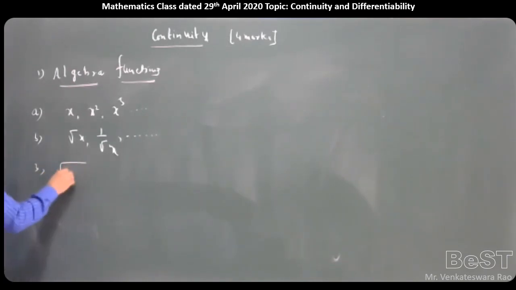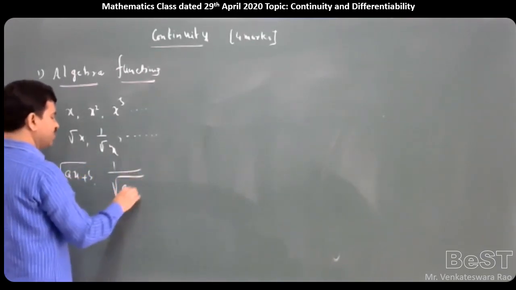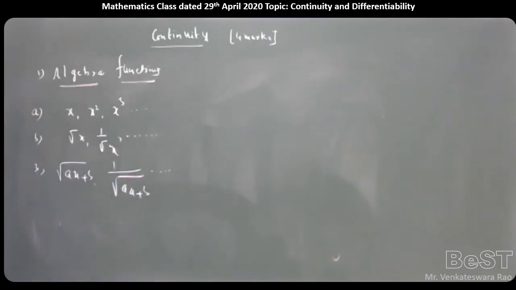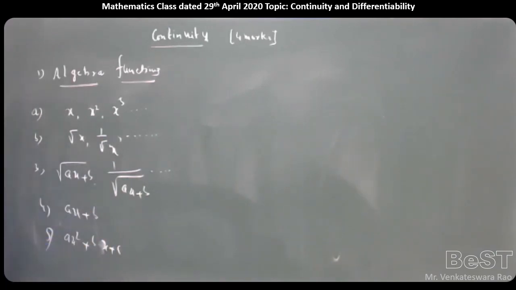Third one, square root of ax plus b, or 1 by square root of ax plus b. This type of models. And next, linear functions, ax plus b. Quadratic functions, ax square plus bx plus c. Like this, all polynomial functions.